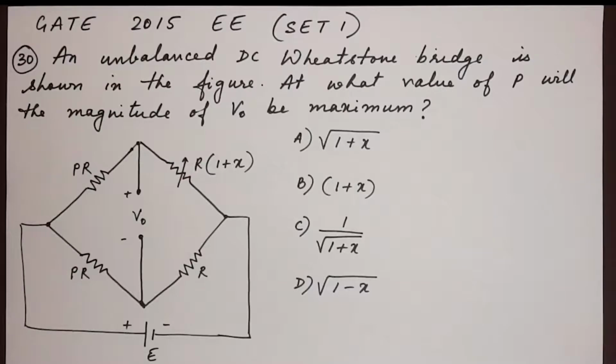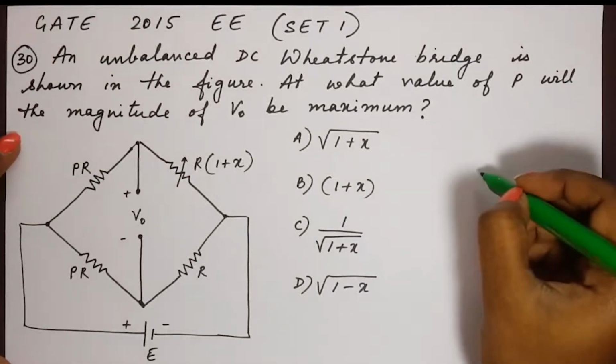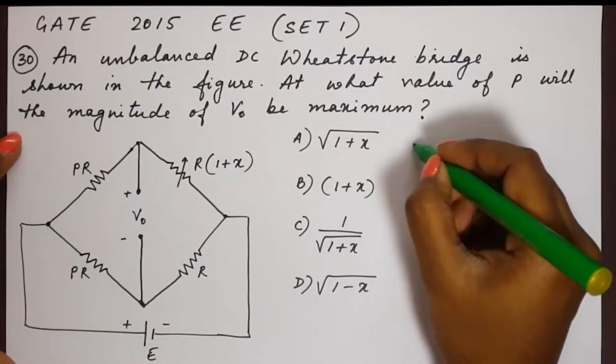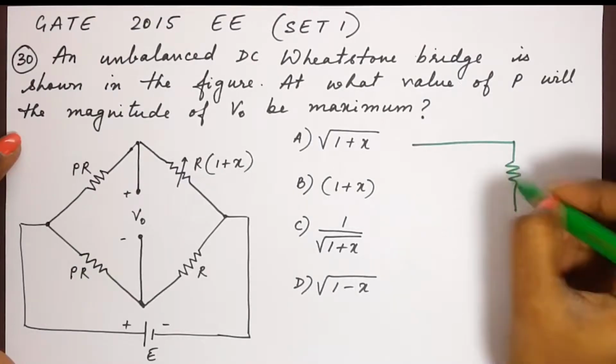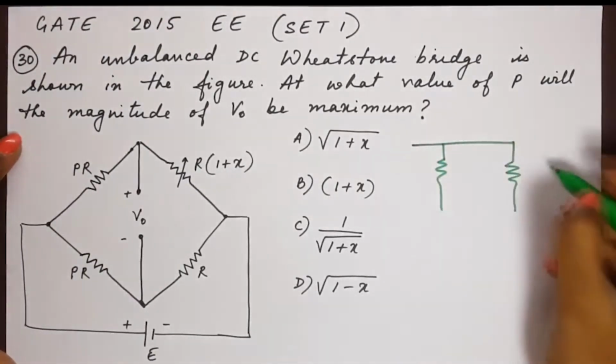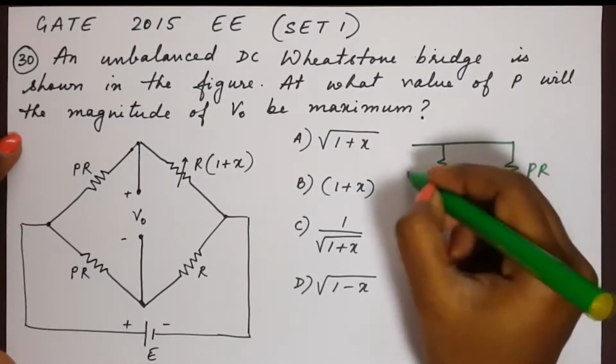So to solve this, let's first redraw the Wheatstone bridge given to us. We can redraw it in the form of an equivalent circuit, like so, please see. So I can draw this as, we have here PR and PR, these two resistances.